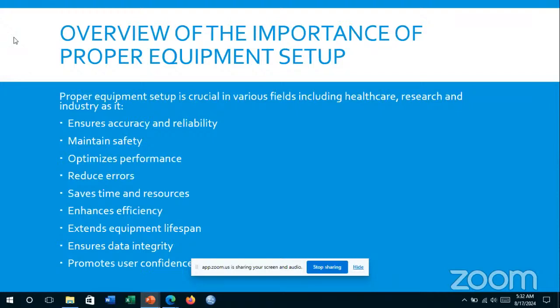It reduces errors and saves time and resources. Having all these basic and essential equipment and consumables will help extend the lifespan of the equipment, ensure data integrity, and promote user confidence.